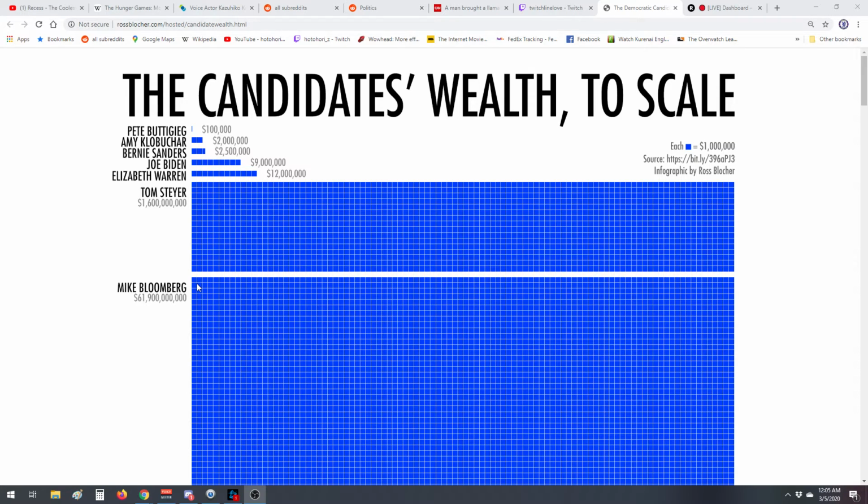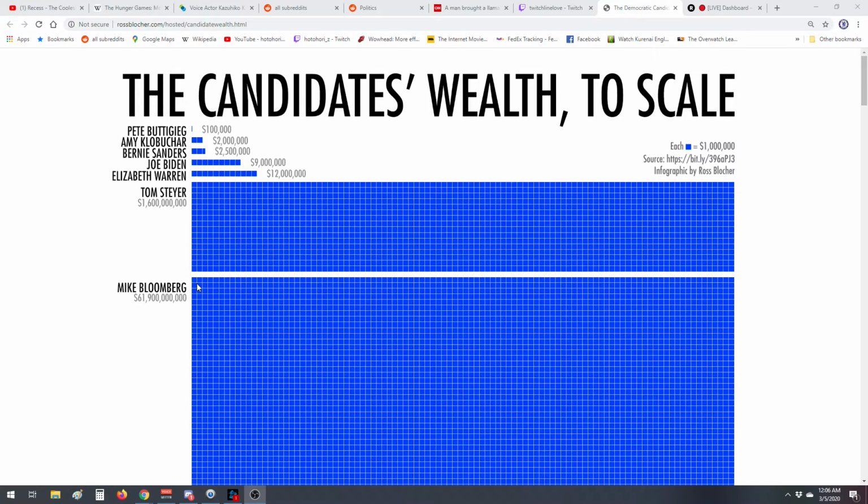Tom Steyer has $1.6 billion, and they weighed it at something like a pound and a half of rice. I was like, oh, that's Tom Steyer. Michael Bloomberg had 58 pounds of rice.